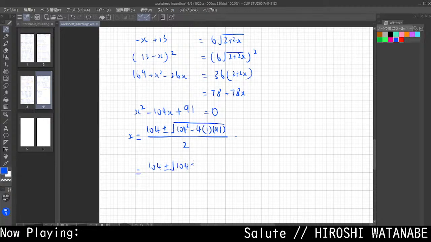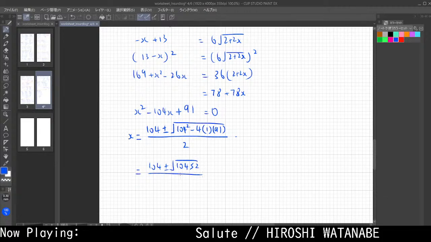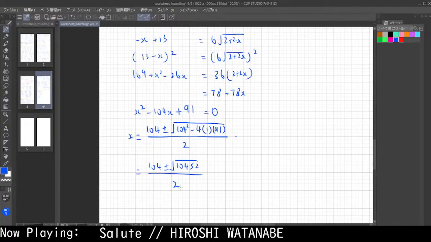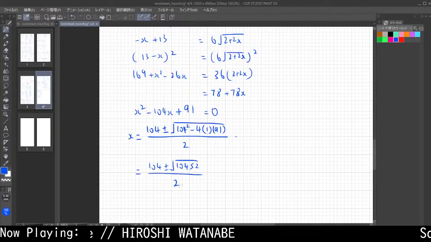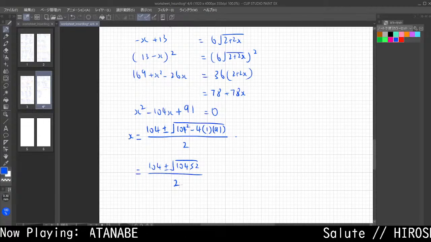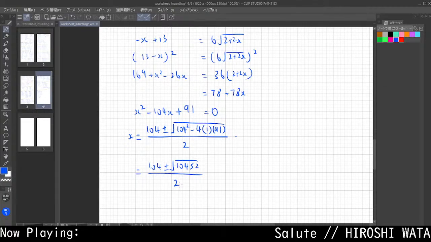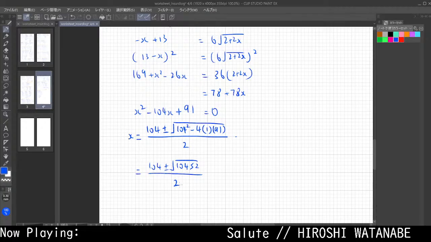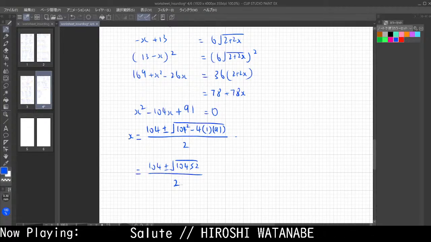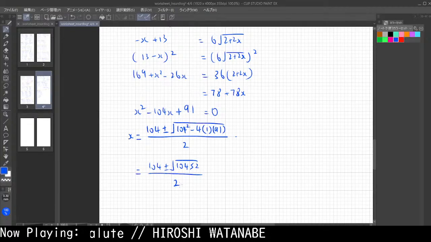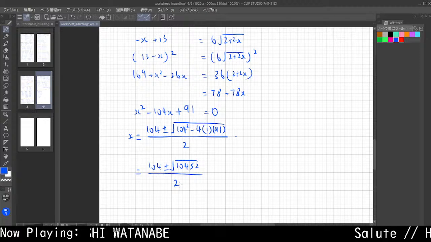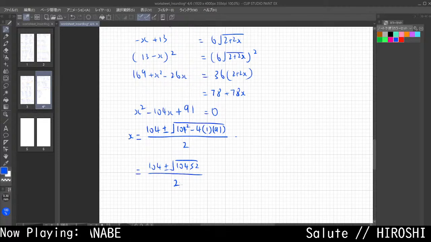The number inside the square root is 10452. This is what happens when the question is designed with the answer in mind. You see these questions in SPM textbooks, reference books, past exam papers, and question compilations.